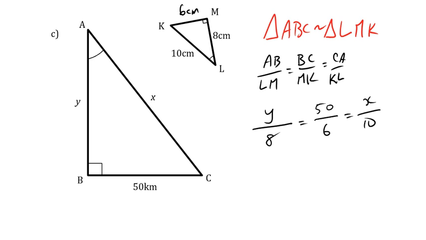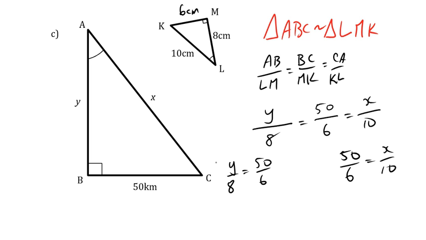Okay, so now I'm going to break this up into 2 separate questions. Y over 8 equals 50 over 6, and 50 over 6 equals x over 10. And Ahmed, this is what I was kind of talking about. If you cross multiply, you bring the 6 over, and then you just divide by 6 in the next step.